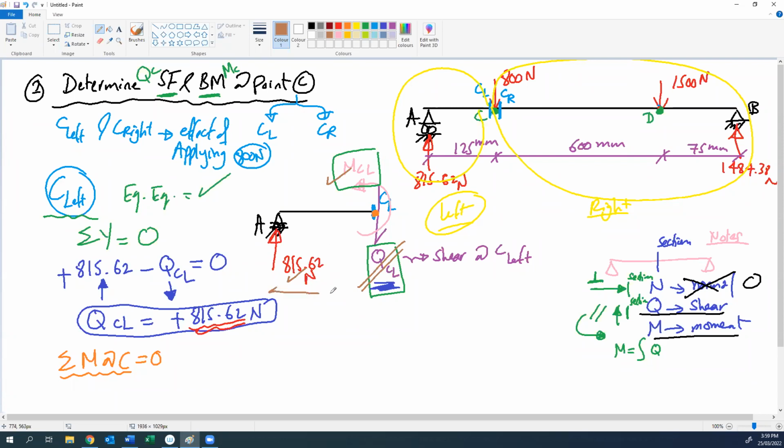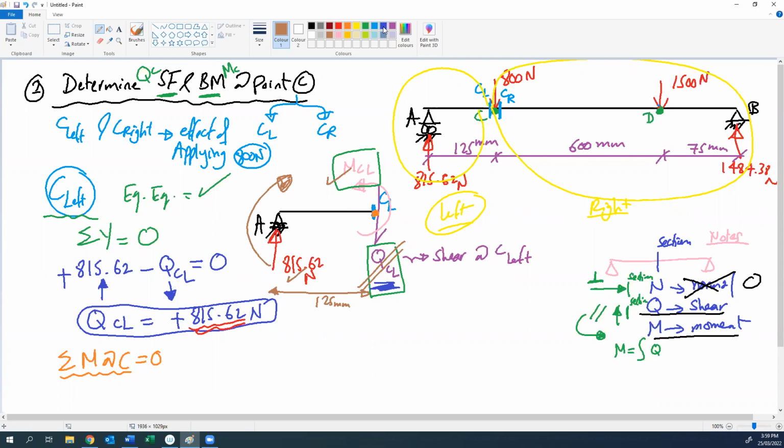This distance is equal to 125 millimeter, and this force is rotating in this direction. That's why I assumed MCL is rotating anti-clockwise, because I know that 815 will rotate clockwise.